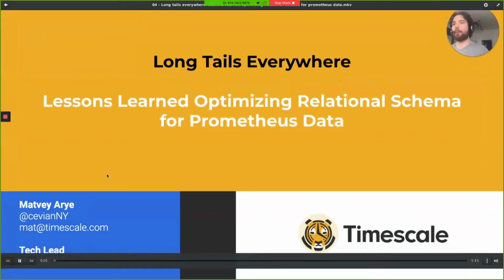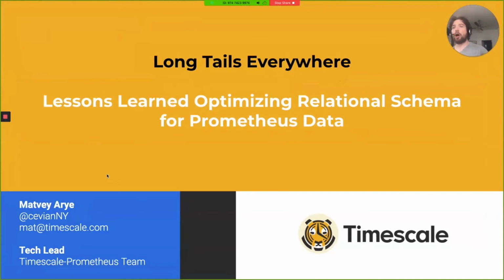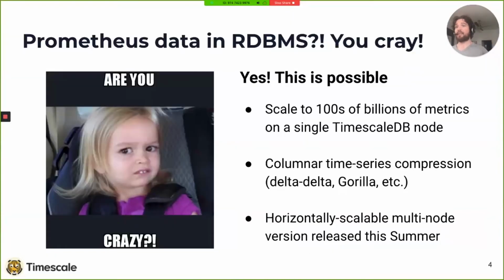Hey, my name is Matt, and I work at TimescaleDB on integrating Timescale as a long-term store for Prometheus data. Some people may ask, is it even possible to scale a relational database to support the high ingest rate of Prometheus data? Well, you are right to ask because traditionally this has not been possible.